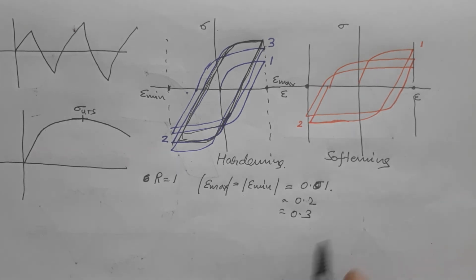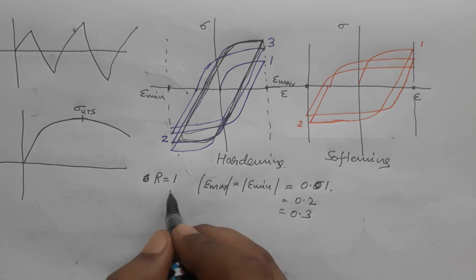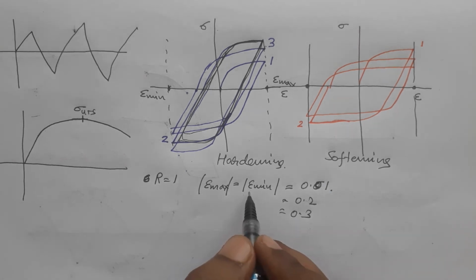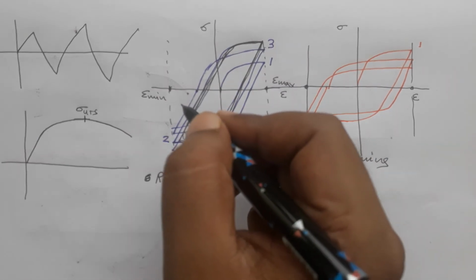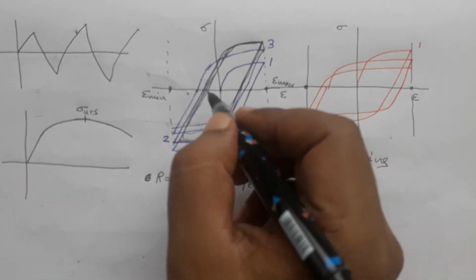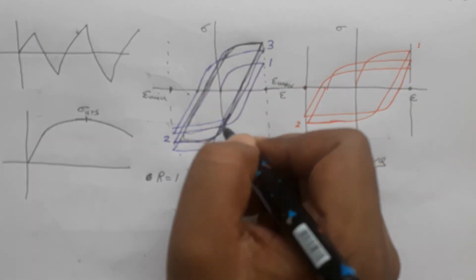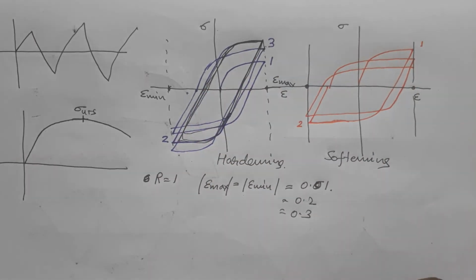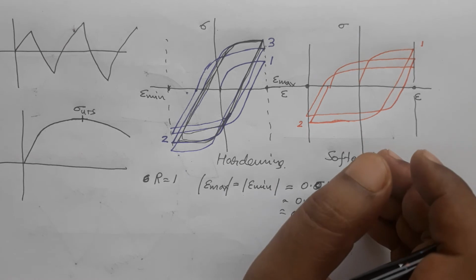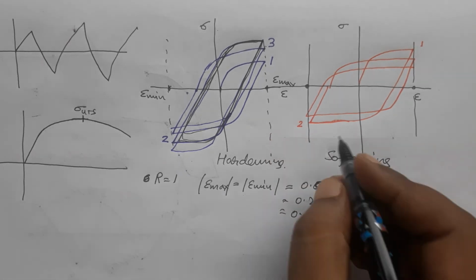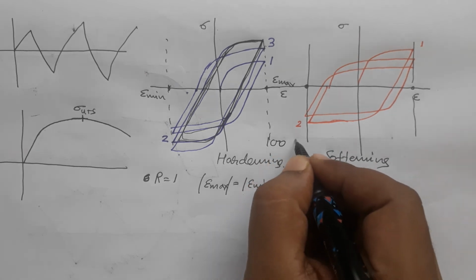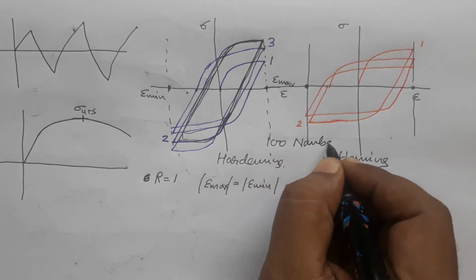Okay. So we do the testing at different values of strains, and we allow the cyclic loading till the point this loop stabilizes. Usually it stabilizes after 100 cycles.